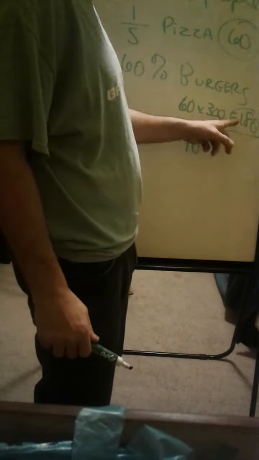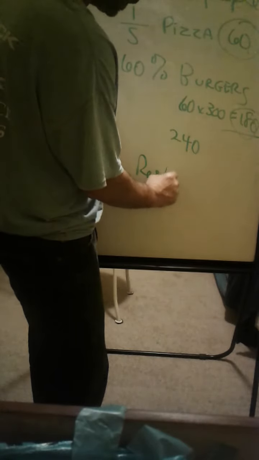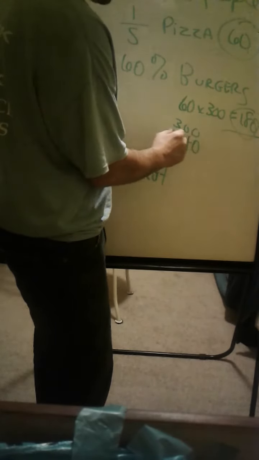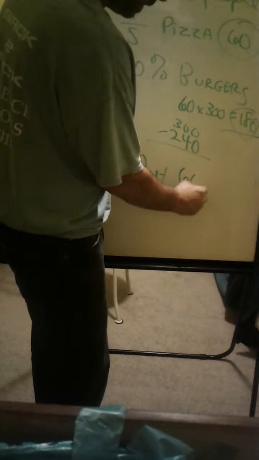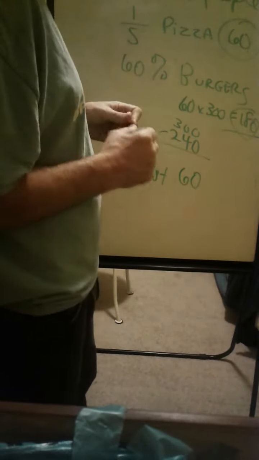So the pizza guys take up 60. The burgers take up 180. These two things take up 240, and the rest are eating salad. So we have to do 300 minus 240. 60 are eating salad. Okay?